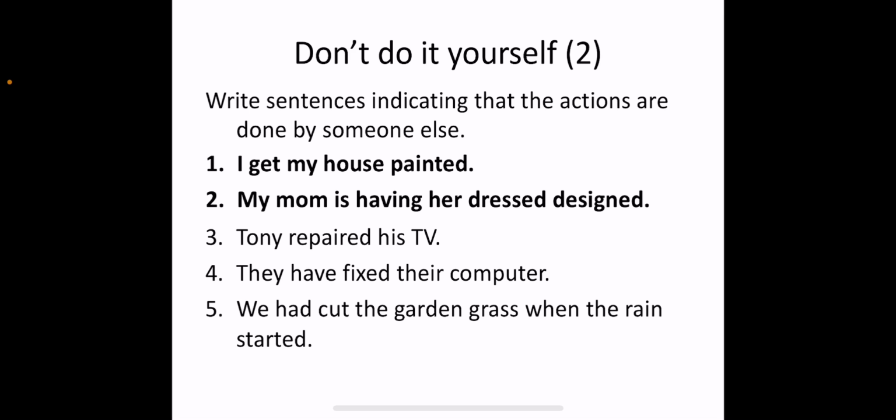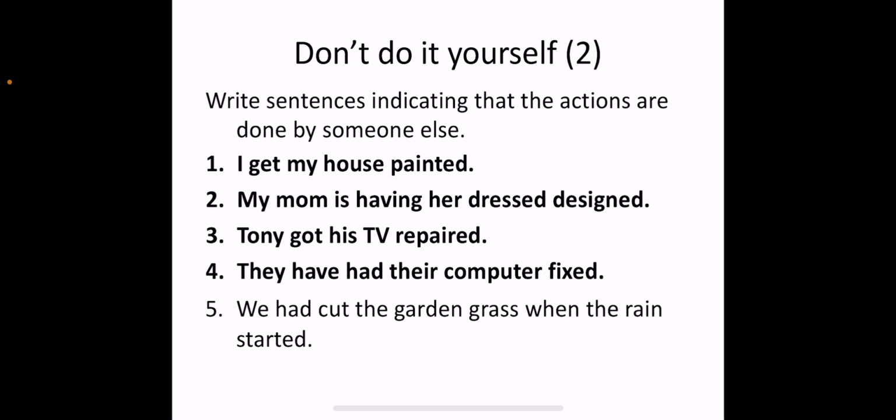This is past, so I need to put have or get in past, had or got. So Tony got his TV, the object, and then the verb in participle form, repaired. Now you get it?